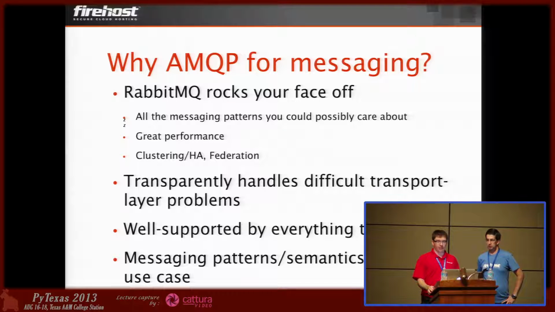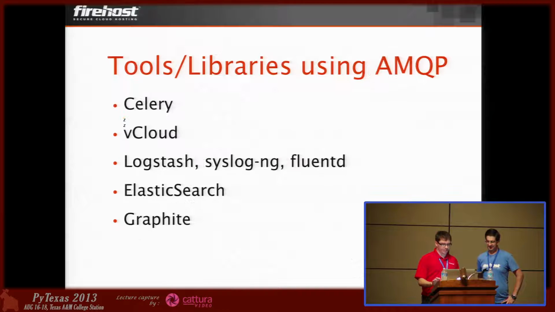Another great thing about AMQP, RabbitMQ in particular, is it's supported by everything you could possibly imagine that you would ever care about. I think we have some examples on the next slide of things that actually use AMQP, but Celery is a task system that uses AMQP. Yeah, there we go.